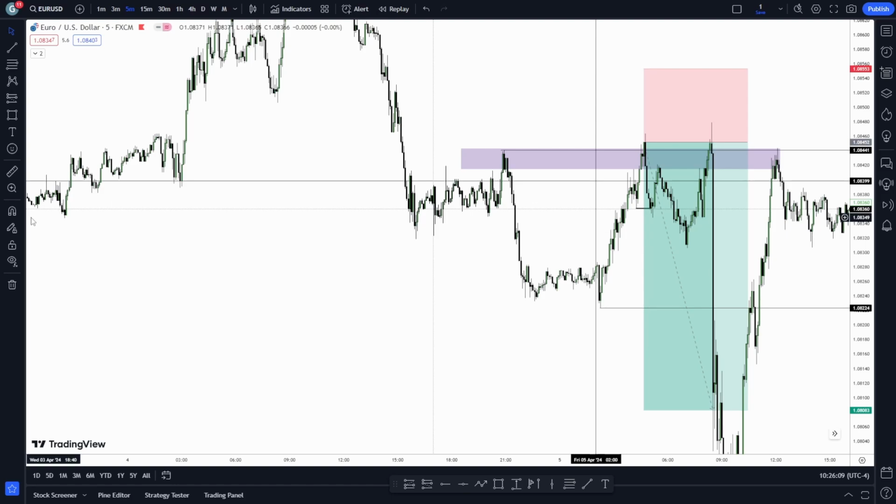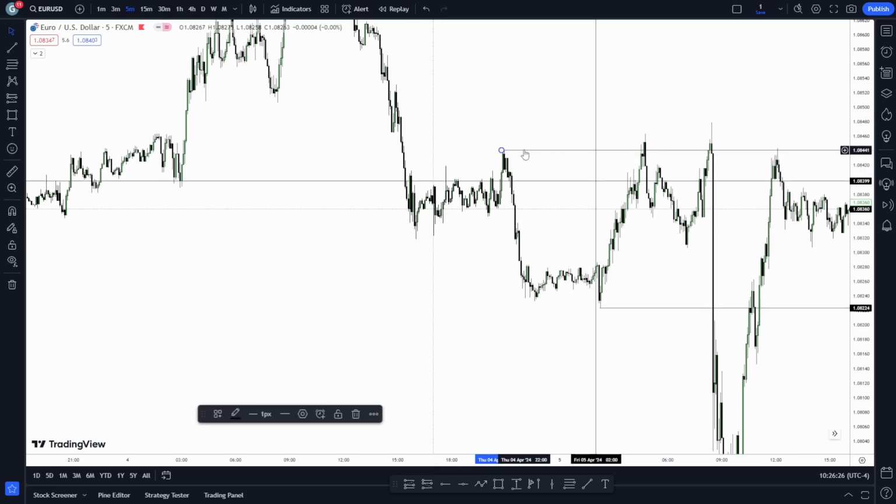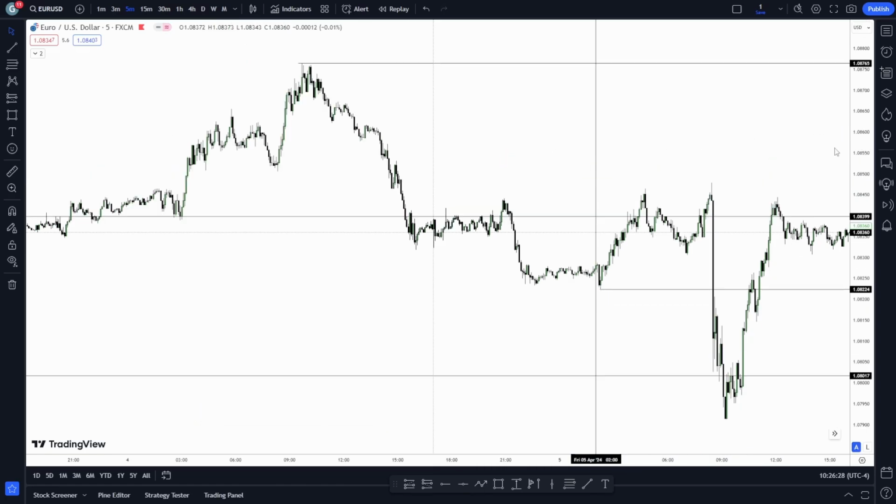These setups happen every day, on every time frame, on every pair. Every time price is seeking liquidity, so every time there will be a false breakout. So if you can make profits from the false breakout, why not? That's what I'm trying to explain.